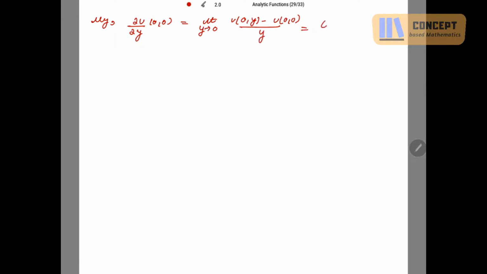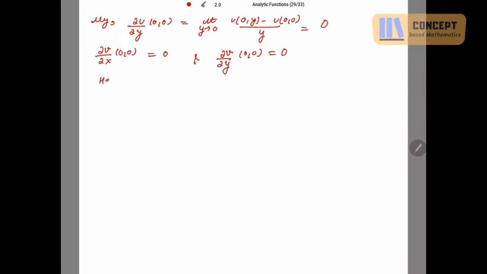This also comes out to be 0. It has to be done exactly the same way, same result. Now ∂v/∂x at the origin, this will also come out to be 0. And ∂v/∂y at the origin, similarly all these will come out to be 0.